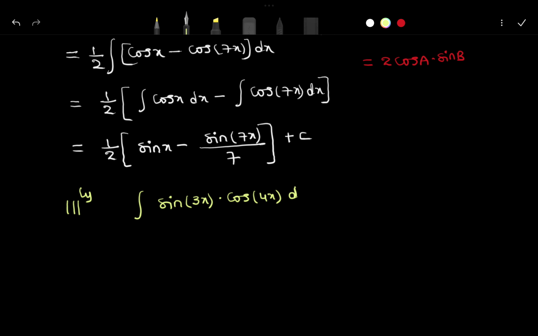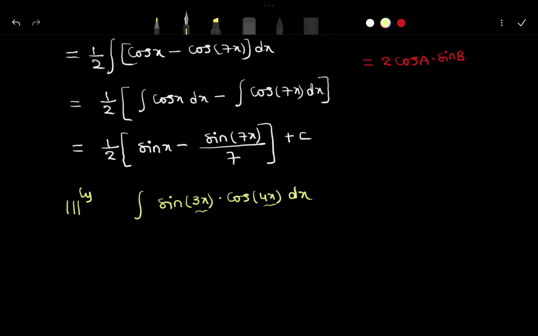I hope everyone can do this question. Here, multiply and divide by 2. In both, there are two angles, 3x and 4x. So it is better to consider the biggest angle as a and the smallest angle as b. Then you can easily solve this problem.